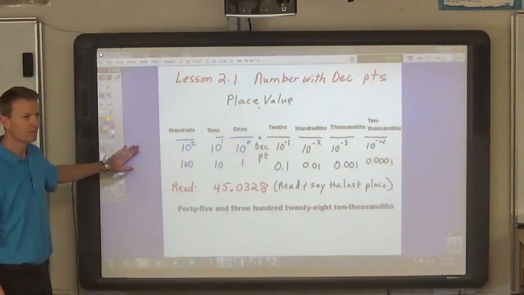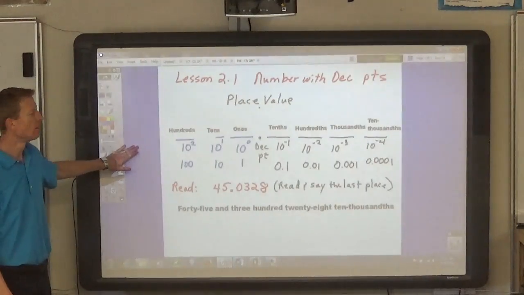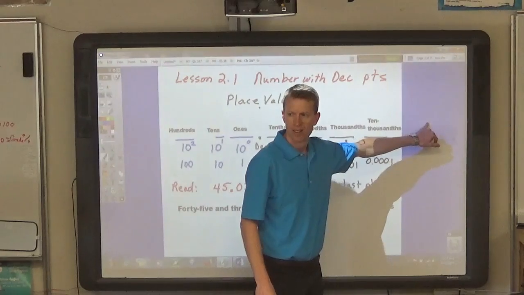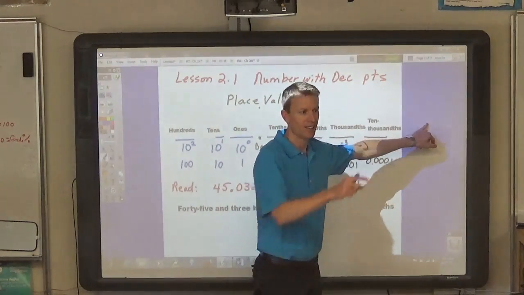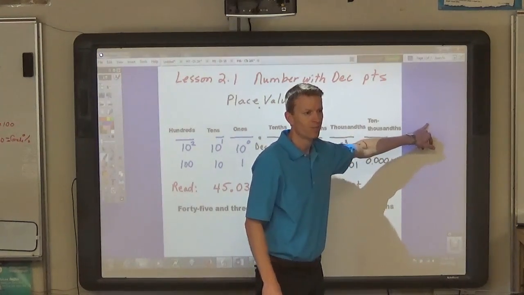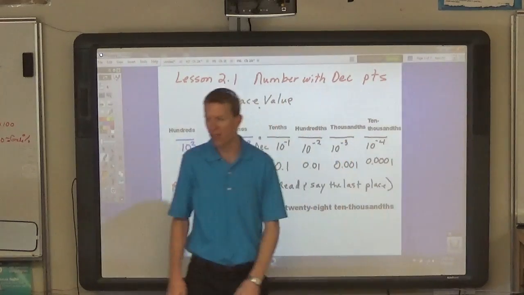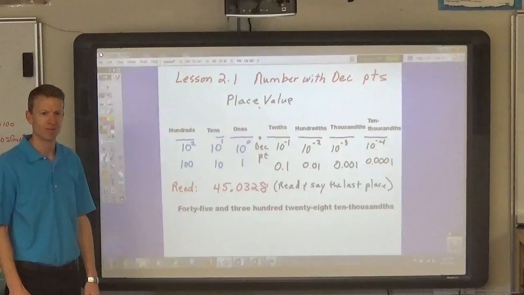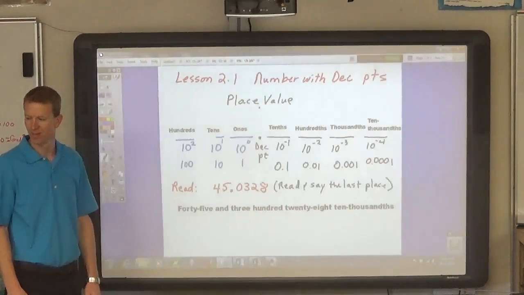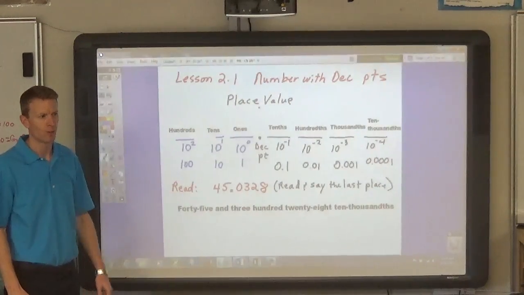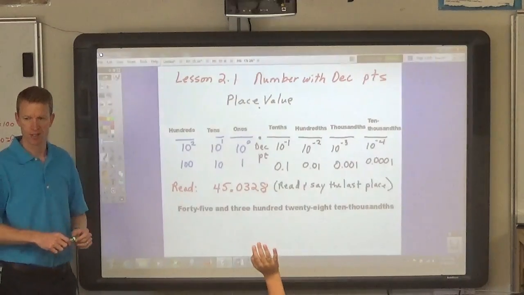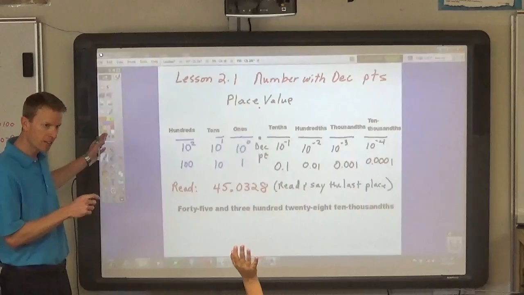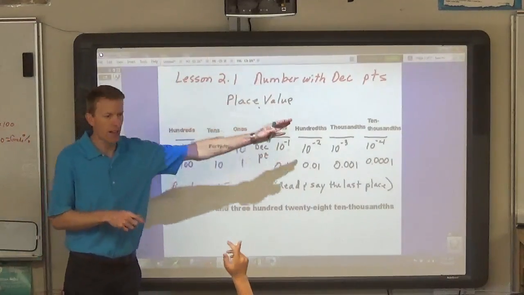Kaden? 100,000. 100,000ths, so this is the TH at the end. And then what's the next group after 100,000, and then apply that to the thousandths?